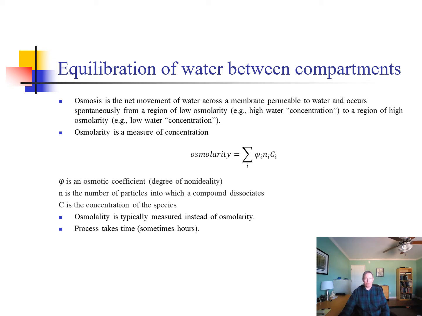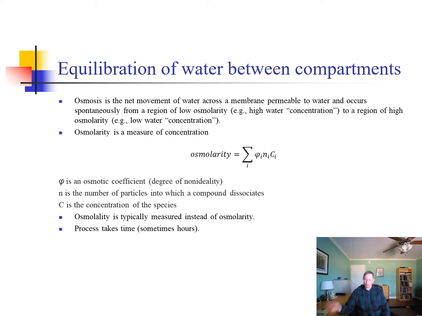So if I have sodium chloride dissolved into sodium ions and chloride ions, then the concentration of sodium, concentration of chloride, each contribute to the osmolarity. In fact, this Ni is the number of particles, or osmolytes, that a species will dissolve into.